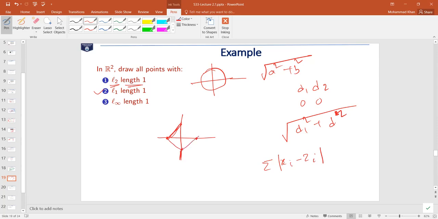All of the data points on the boundary will have a length of 1. Even if we take from here, this part, there will be 1.